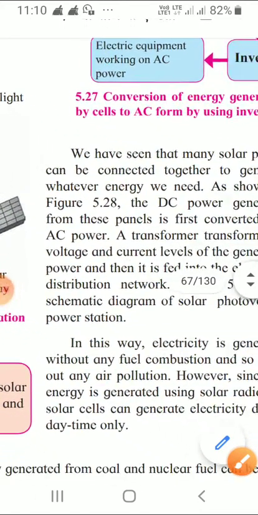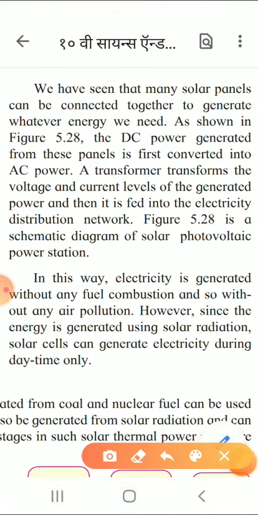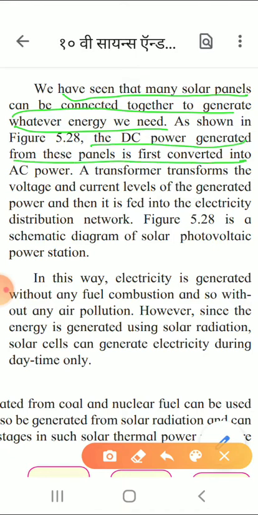Now here we will see that many solar panels can be connected together to generate whatever energy we need. This is forming a solar array. Now, the DC power which is generated from these panels is first converted to AC power.